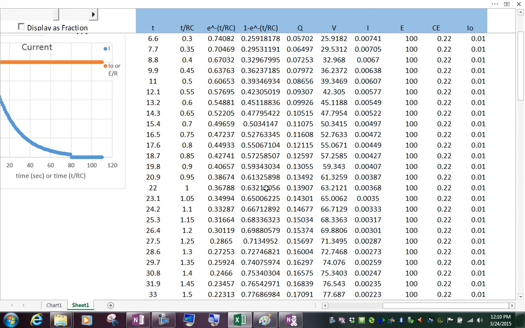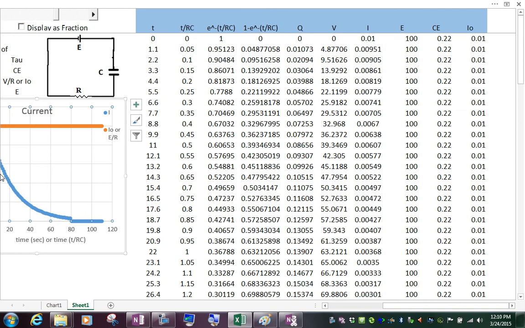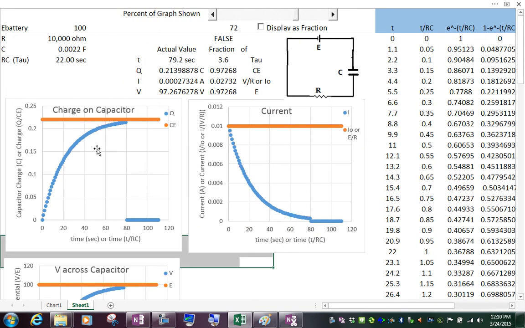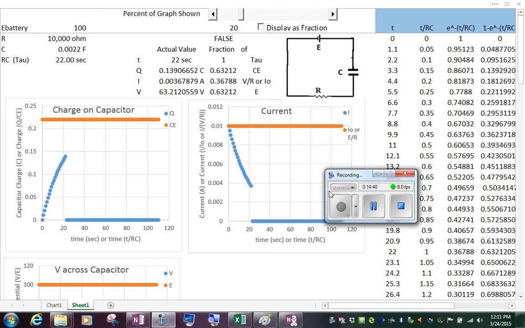So at 1 time constant, what that means is that the voltage is that fraction of, the charge is that fraction of that. Hold on, let me pause this so I sound like I know what I'm talking about. Okay, it's a little easier to explain. I put it at exactly 1 time constant, which gives us the charge is 63.2%. Why 63.2%? Because that's 1 minus 1 over e to the 1.